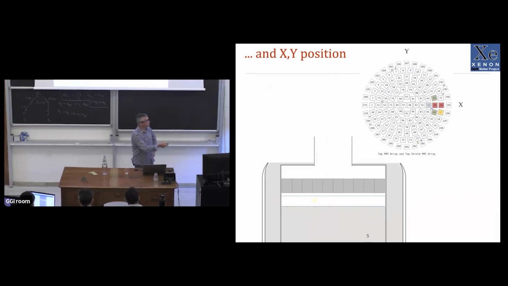This is done with the second signal, mostly, because in this case, the electrons move vertically, they reach the gas phase at the top. Let's see it again. They reach the gas phase, and the light is emitted in the gas pocket, so very close to the top PMT array. In this way, the cone, the solid angle seen, is focused quite in a small position.